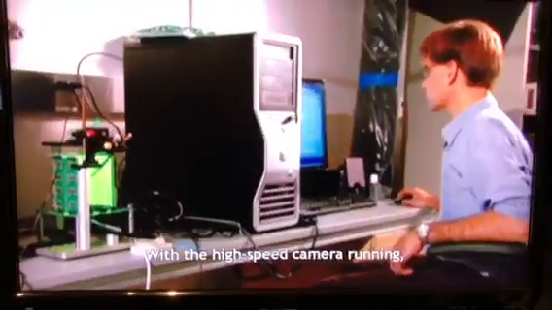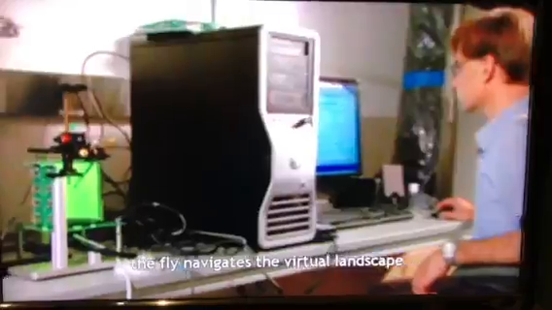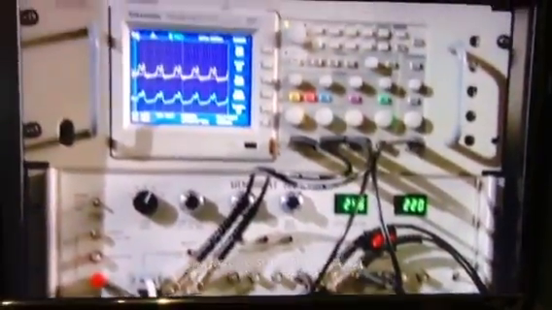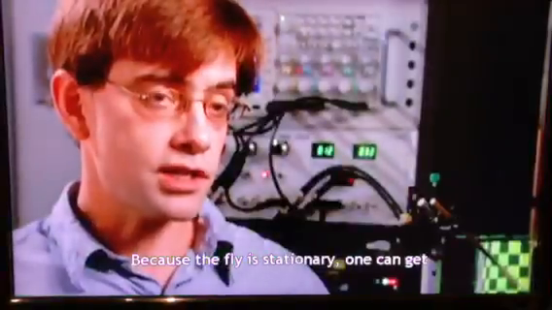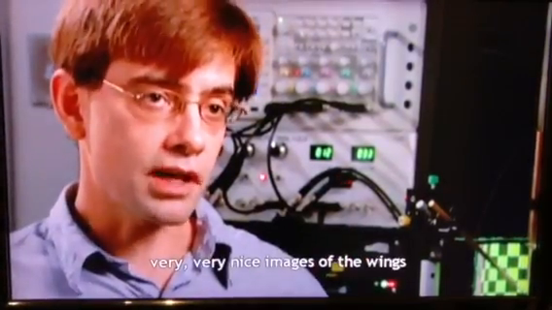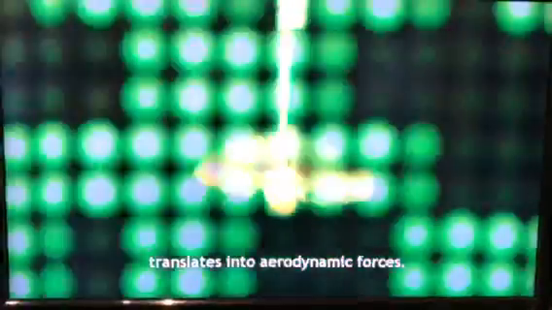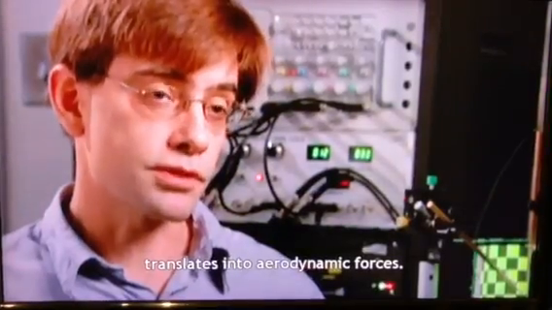With the high-speed camera running, the fly navigates the virtual landscape the way it sees the world. It fixes on vertical lines and avoids solid objects. Because the fly is stationary, one can get very, very nice images of the wings using high-speed video in order to understand how the wing motion translates into aerodynamic forces.